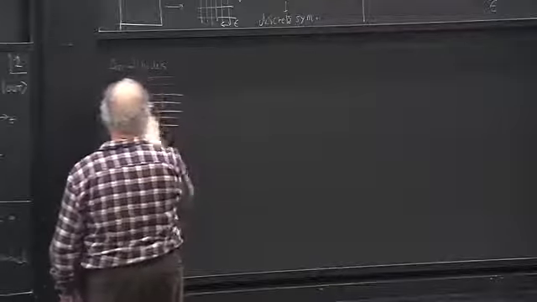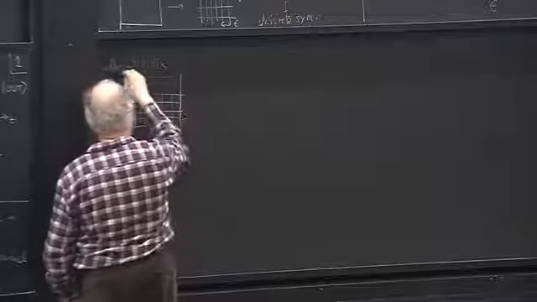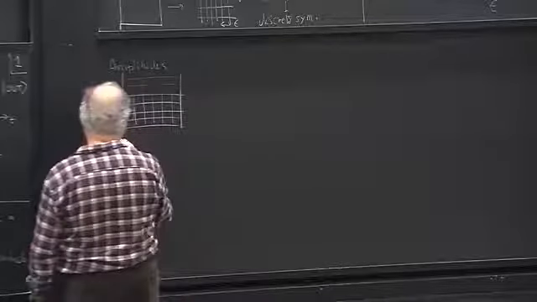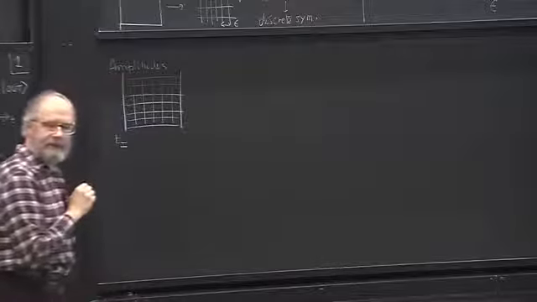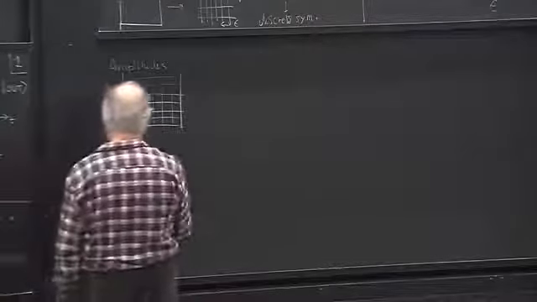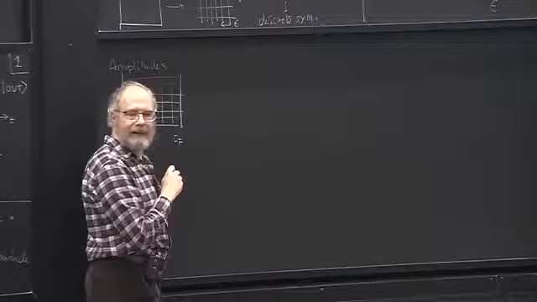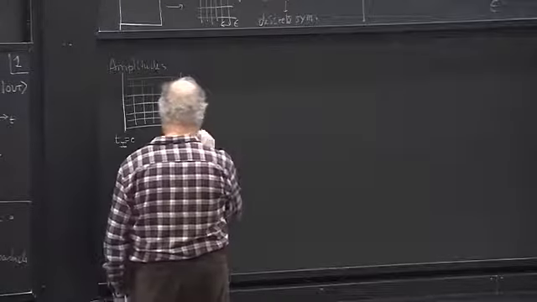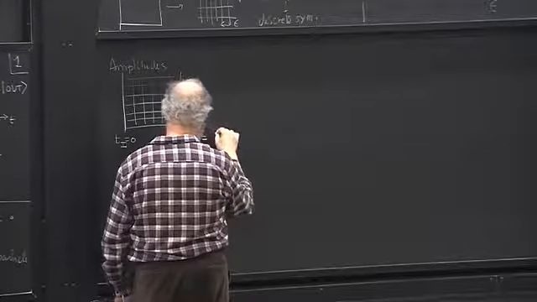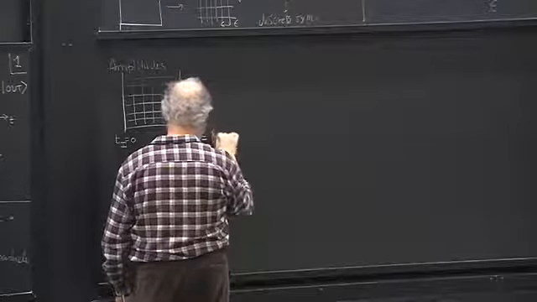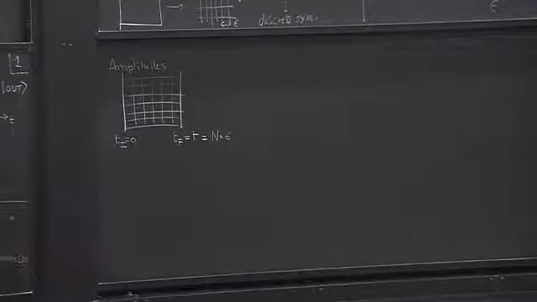Here you have some initial time step, let's say it's 0. Here you have some final time step, which is t, and let's call it some big N times epsilon. So that's the number of steps you have.